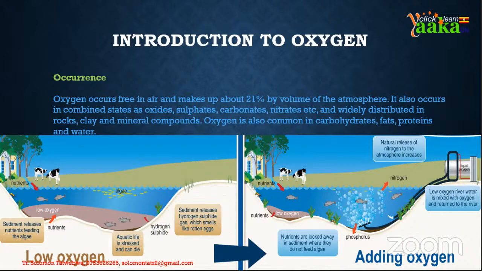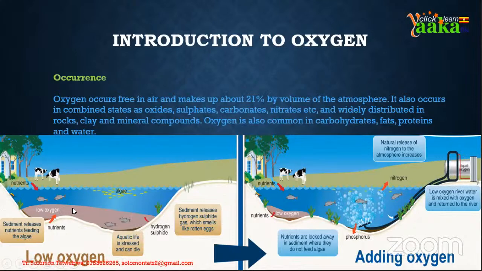The picture below shows some of the ways oxygen affects nature. When we have oxygen in water bodies, we see that organisms like algae survive, fish can breathe, and many other things.